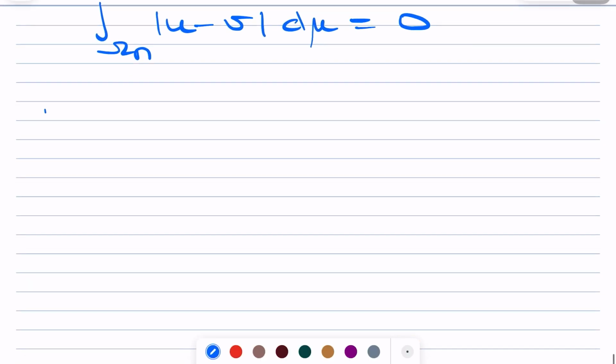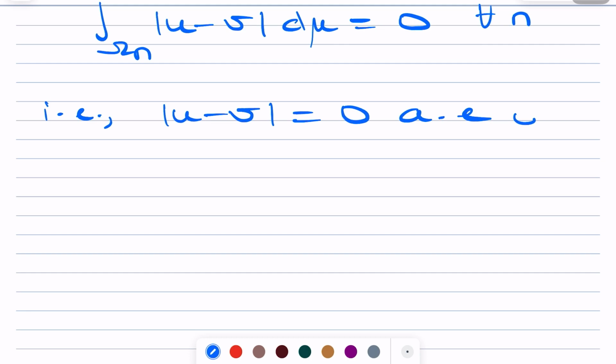This is of course for every n, so this means that the absolute value of u minus v is equal to 0 almost everywhere on omega n for every n.